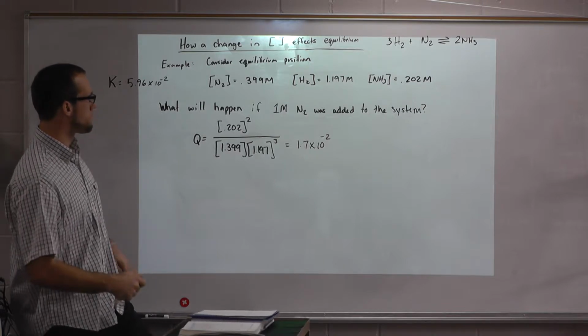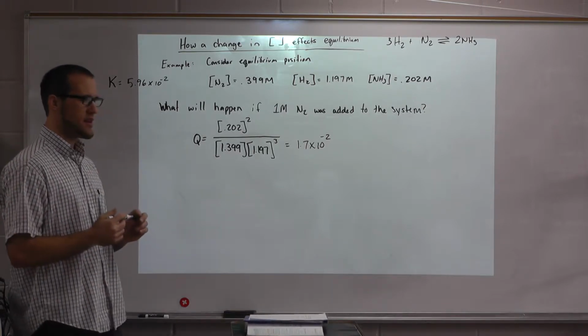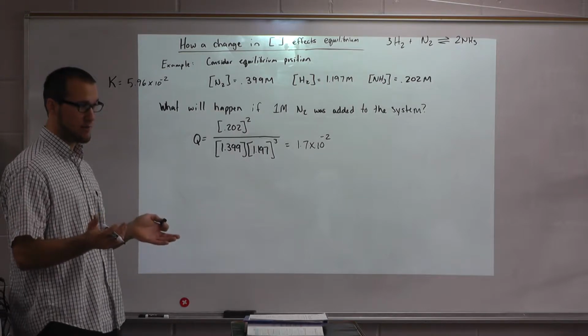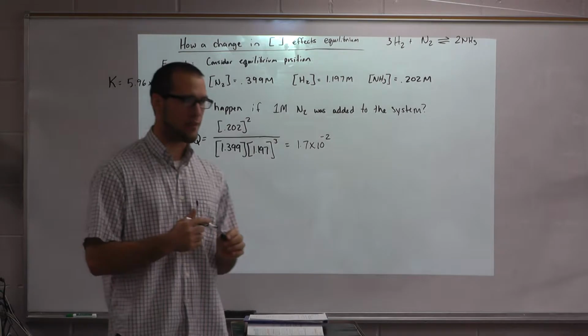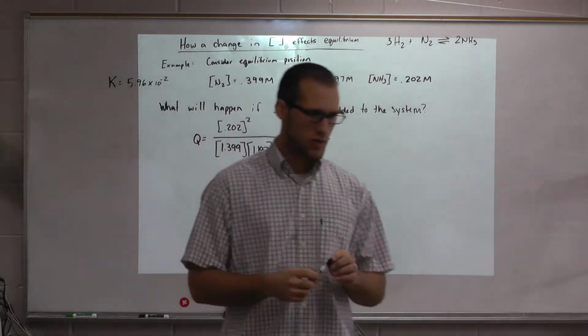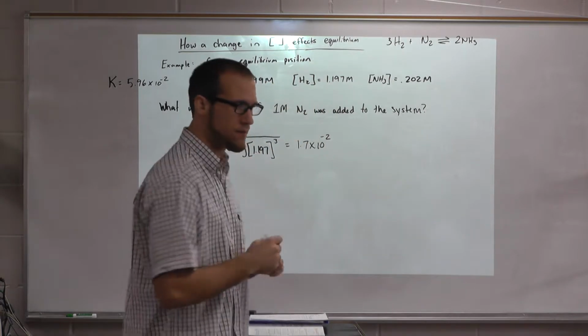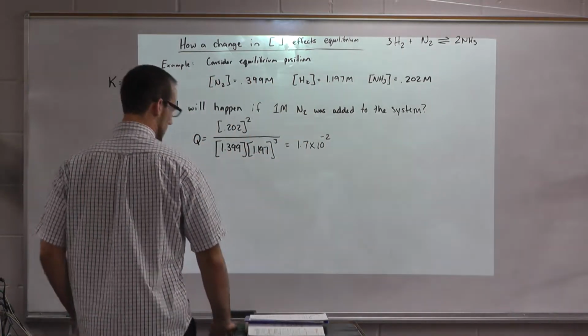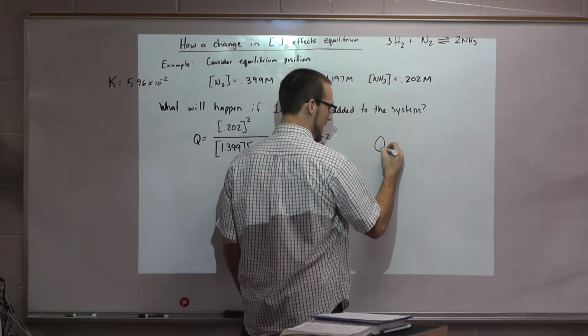Okay. All right. So, with this information, can we figure out if we stayed at this point, whether it's going to have to shift one way or the other to get back to equilibrium? How do we figure that out? All right, so shift right, anybody have any seconds on that?